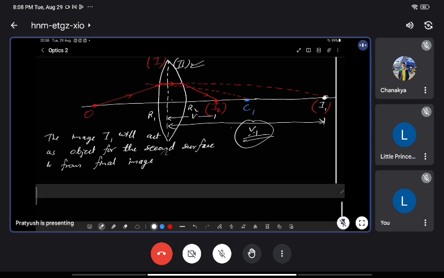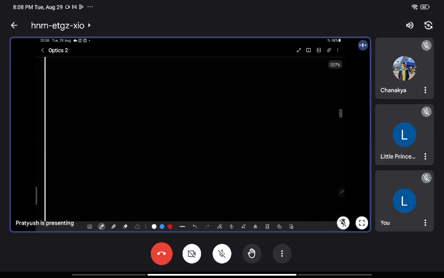And the final image I2 will form at distance V. Okay. Therefore, write down from the next page.